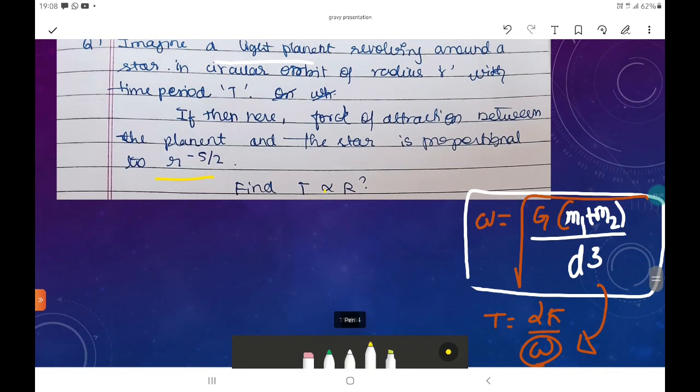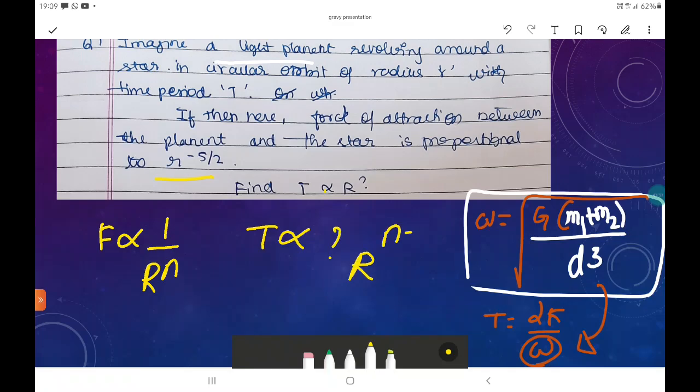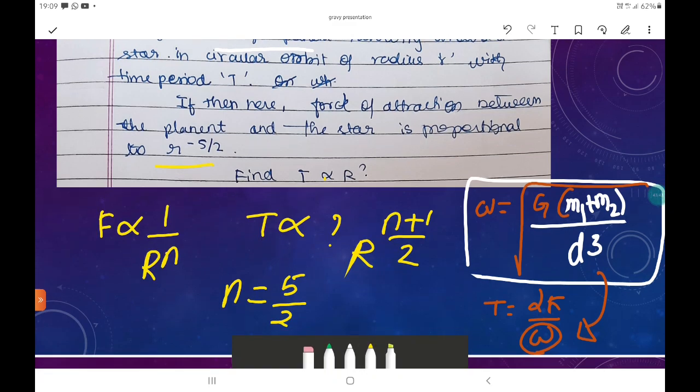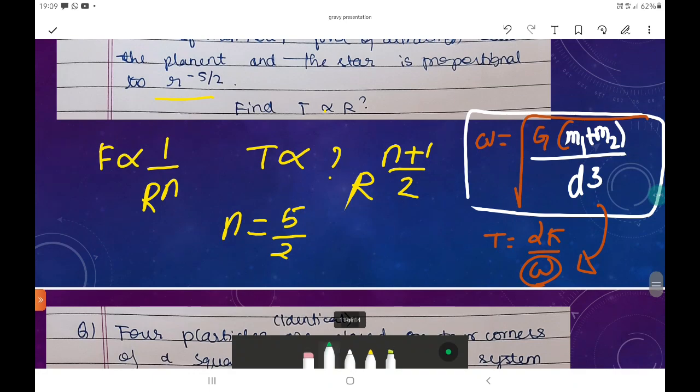If they give you F is inversely proportional to r to the power n, then T is proportional to r to the power (n plus 1) by 2. Now what is the n value over here? 5 by 2, right? Just substitute 5 by 2 plus 1 divided by 2. So that comes 7 by 2 divided by 2, which is 7 by 4. So T is directly proportional to r to the power 7 by 4.